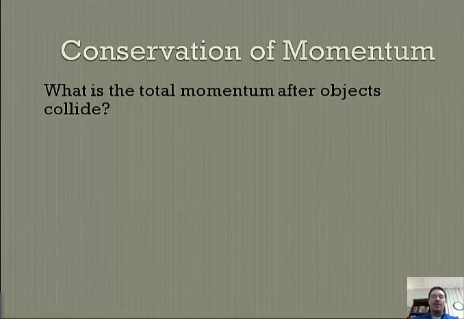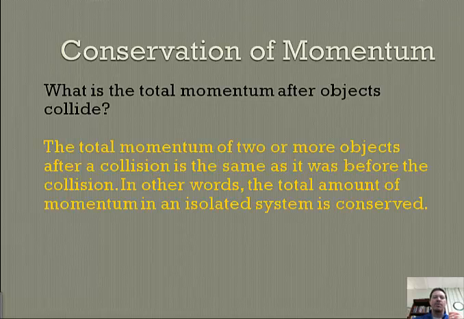The other item that we have is conservation of momentum. What's the total momentum after an object hits another object? We've got that collision that takes place. The total momentum of two or more objects after a collision is the same as it was before the collision. We can also say the total amount of momentum in an isolated system is going to be conserved.